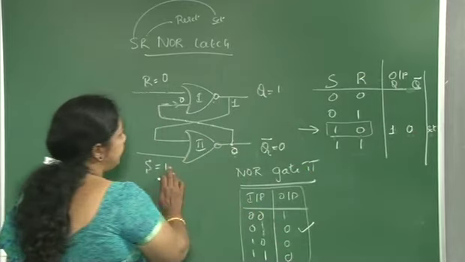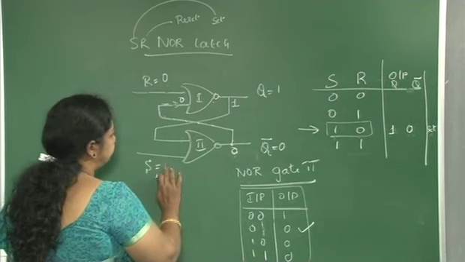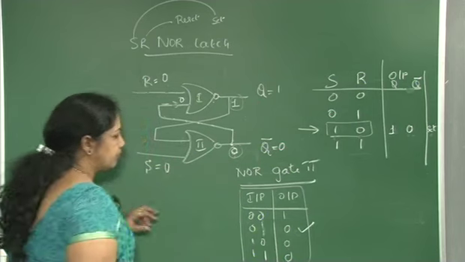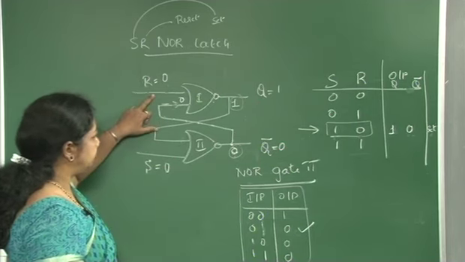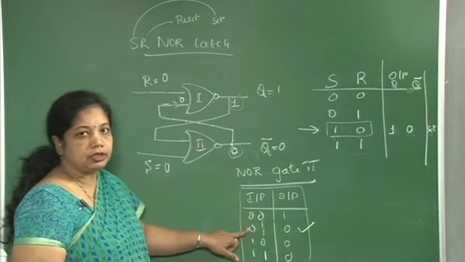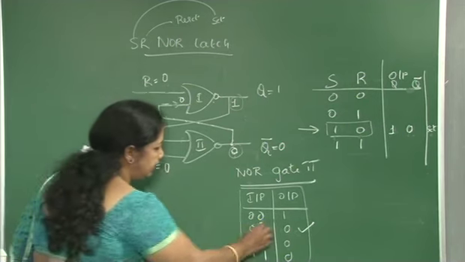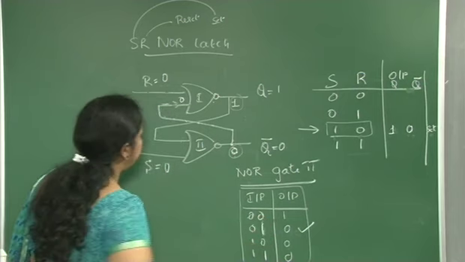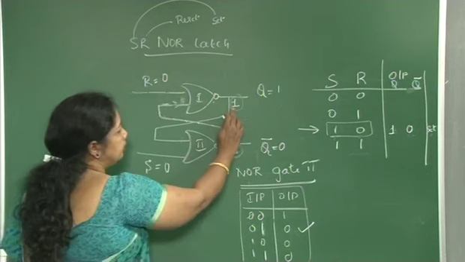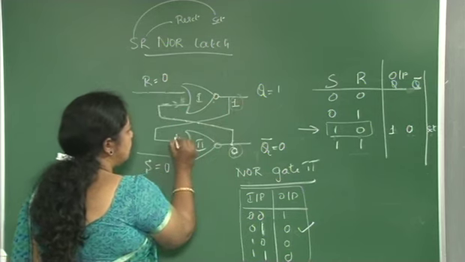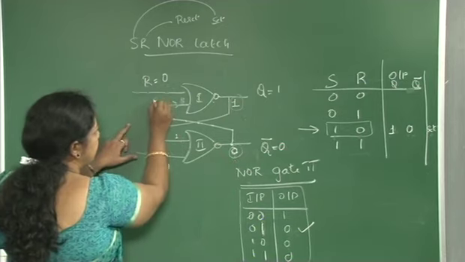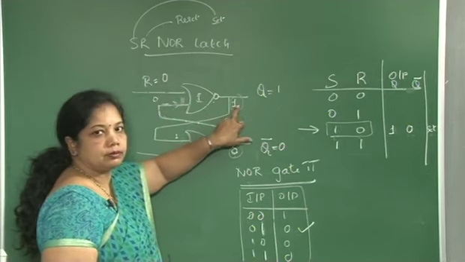Say if I make this 0 0, it keeps the previous condition. Both can be 0, or either of these is 0. Suppose this is 0, and consider my previous value was 1. So 1 is coming over here, 1 and 0 is 0, the 0 goes back here, and it is 1.